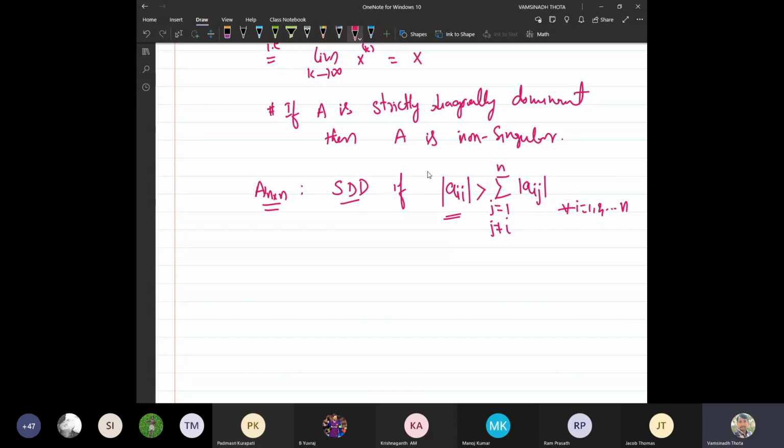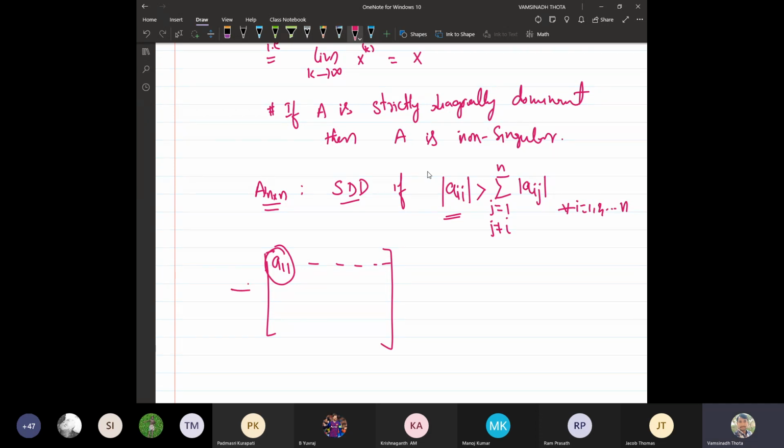That is, if this is the square matrix and this is a_11, then the modulus of this diagonal element should be strictly bigger than the sum of all the non-diagonal elements in that row, and it should happen for every row.